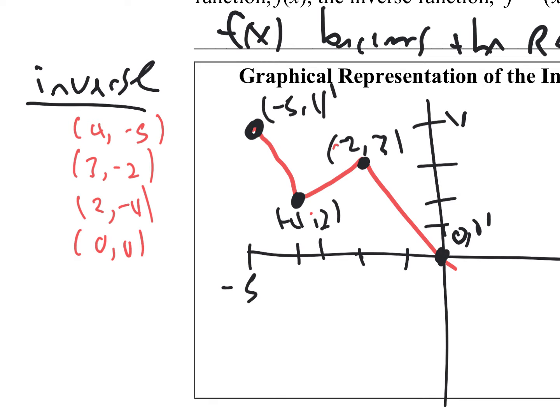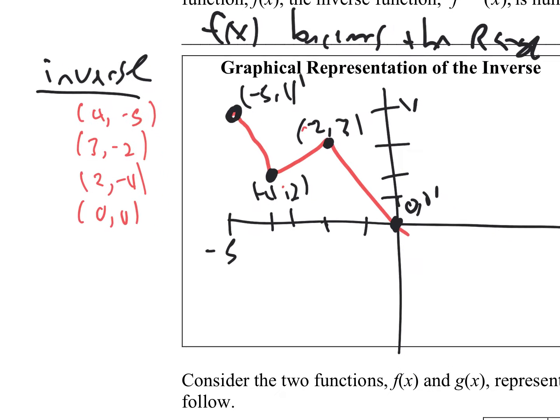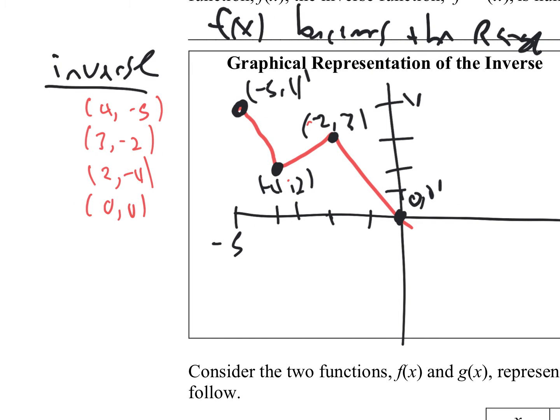So let's go ahead and plot those points. Hopefully we see what we were saying we should always see. 4, -5, 1, 2, 3, 4, 1, 2, 3, 4, 5. That would be out here. 3, -2, 1, 2, 3, 1, 2 will be here. 2, -4, 1, 2, 3, 4, about here, and then 0, 0.